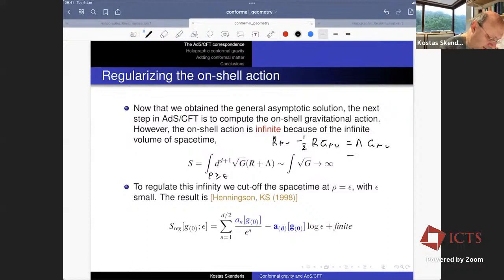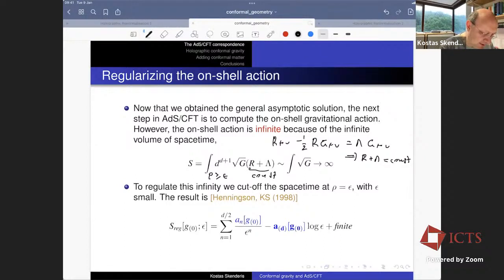From here, you can see that R plus 2L is just a constant, by just tracing this equation and then solving for R.